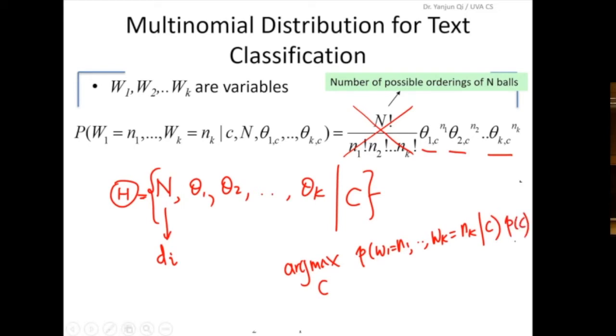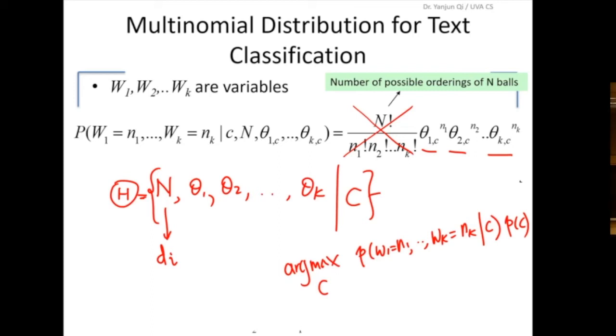And you just substitute this thing into here, and because you're doing argmax over C, and this quantity is not relevant to the C at all, that's why this is the one you use to perform classification.